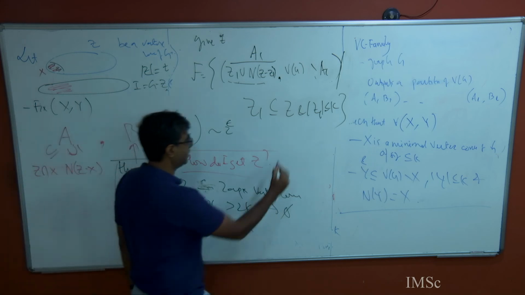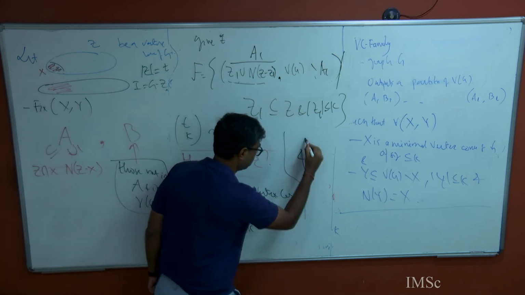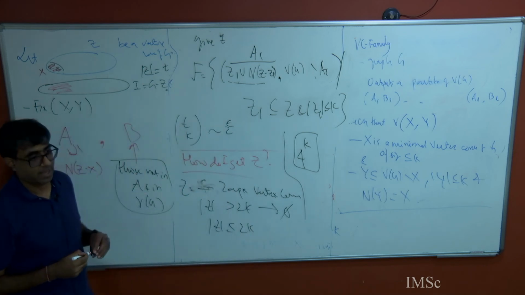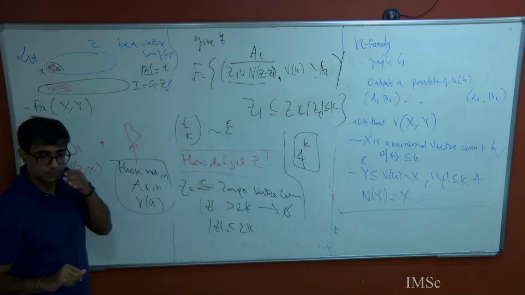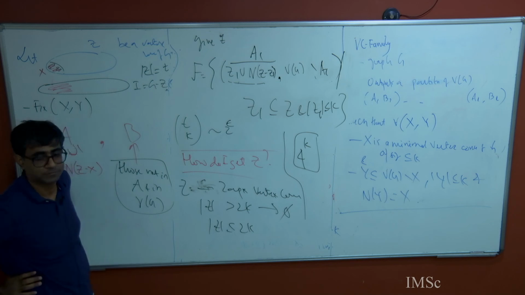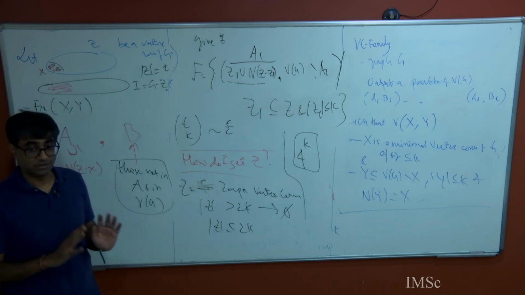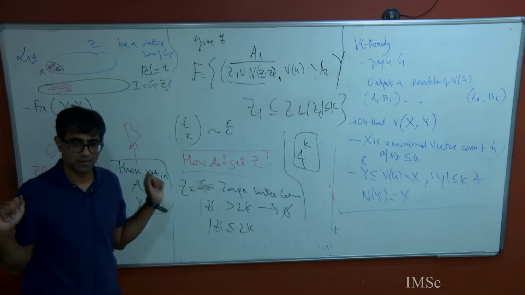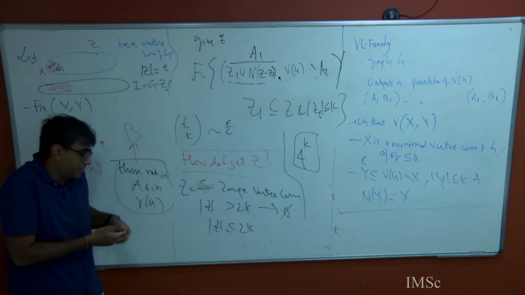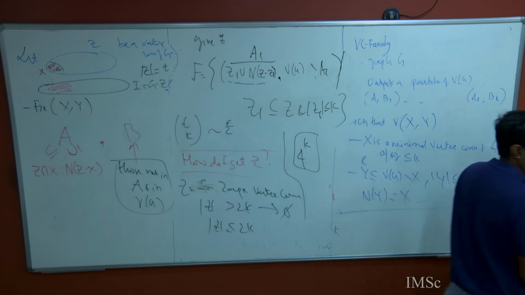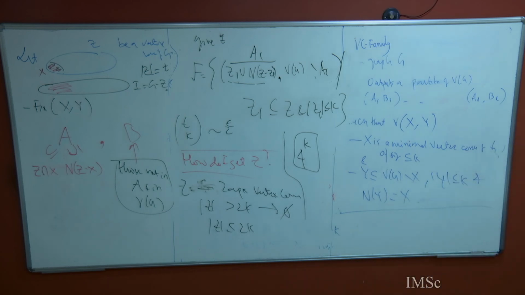So, what is the size of this? 4 power k, absolutely 4 power k. So, my first part was that this is true in general, okay. But if you give me a vertex cover, I can do more things. I could be smarter, I could do things easier. So, digest it, okay. We will move on now.